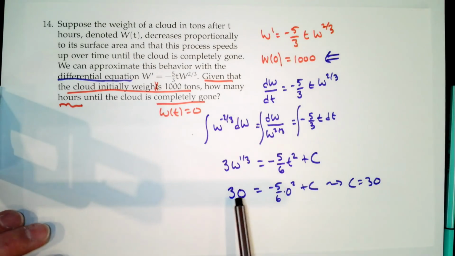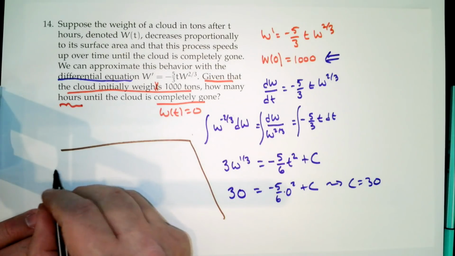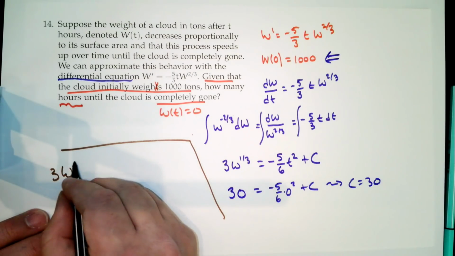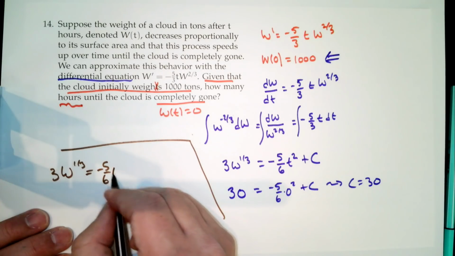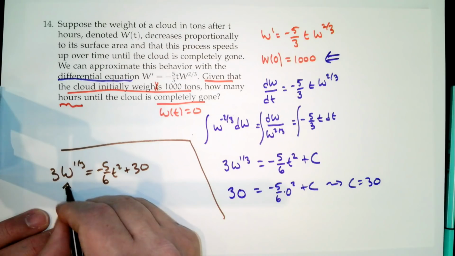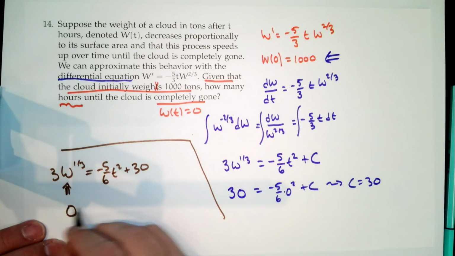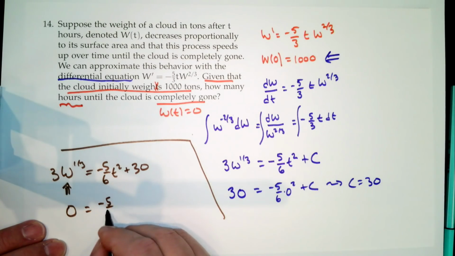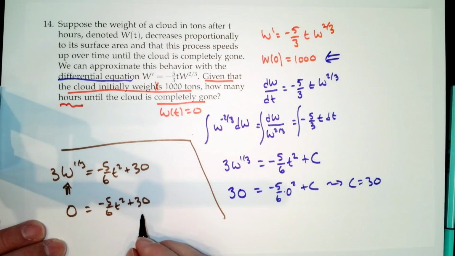W of t equals 0, we're going to come back to our relationship. So we have 3w to the 1/3 is equal to negative 5/6 t squared plus 30. And we're going to set w equal to 0, because we want to know when it equals 0. Okay, so that's going to equal 0 when negative 5/6 t squared plus 30 equals 0.